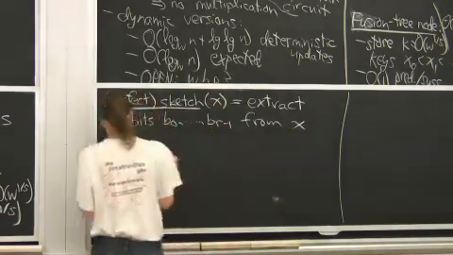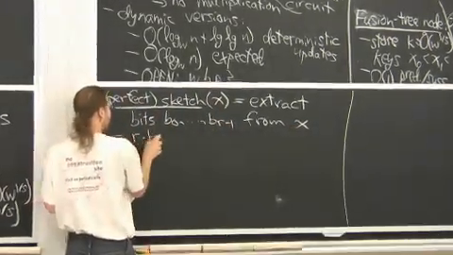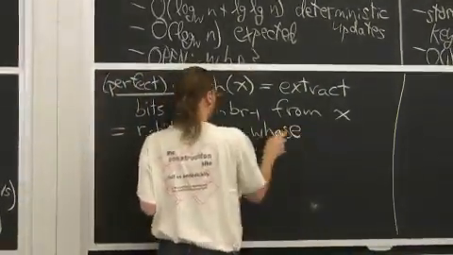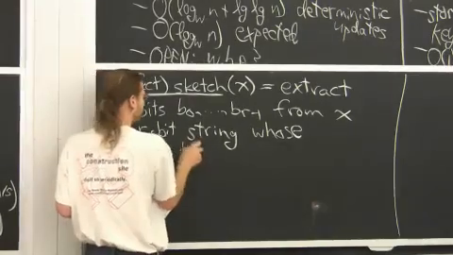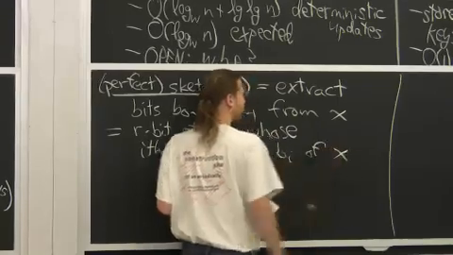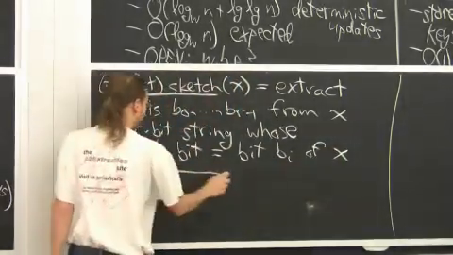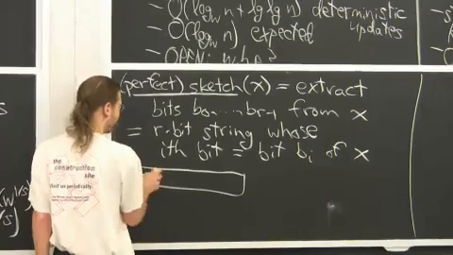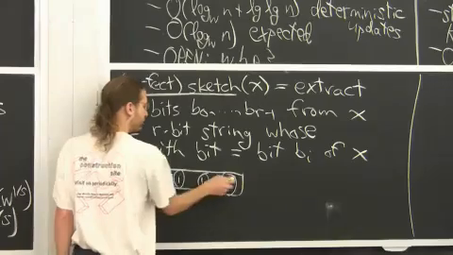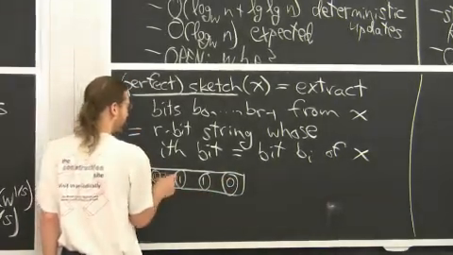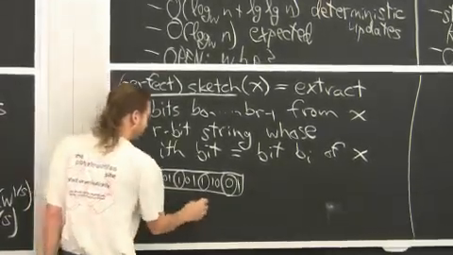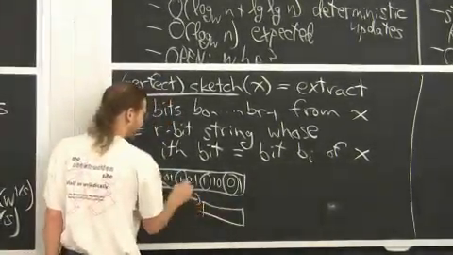So in other words, this is an r-bit string whose ith bit equals bit bi of x. Okay, so you've got a bit string which is x. You say, oh, the important ones are this one, this one, this one, and this one. Inside here is either a 0 or a 1. And there's other bits which we don't care about because they're not important. And we just compress this to a 4-bit string.